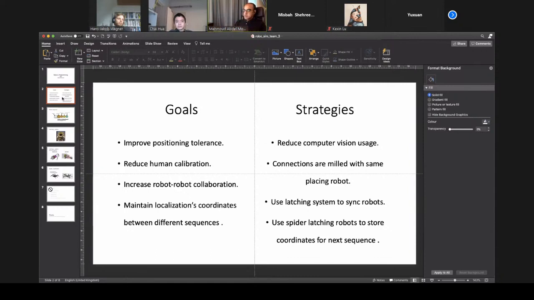Then we thought about using a latching system, like we'll see in a minute, to sync the coordinates of the robots, and we are proposing to use a kind of spider robot which can help also with latching and coordination.